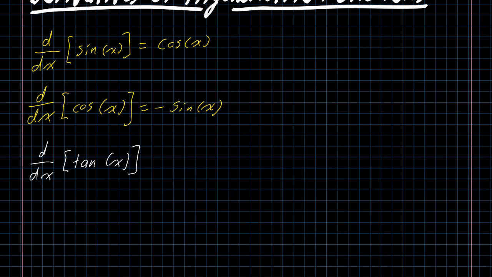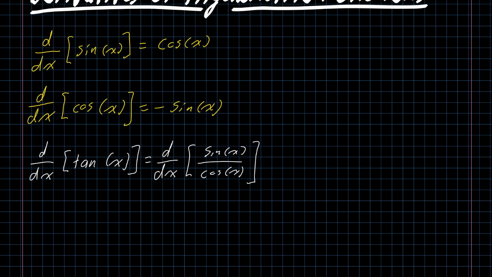We can take the derivative of tangent by remembering the relationship that tangent is sine divided by cosine. And we can differentiate this using the quotient rule.